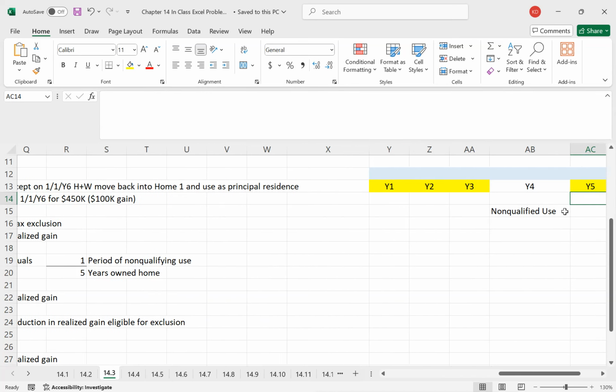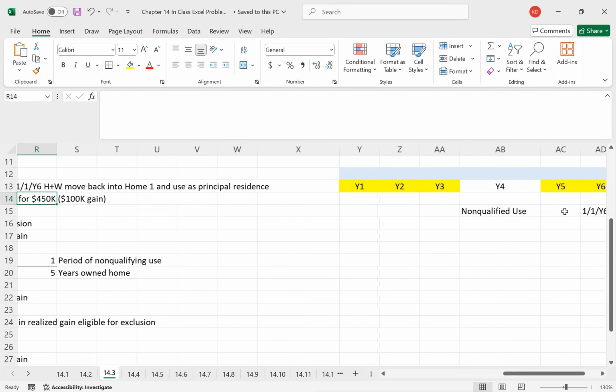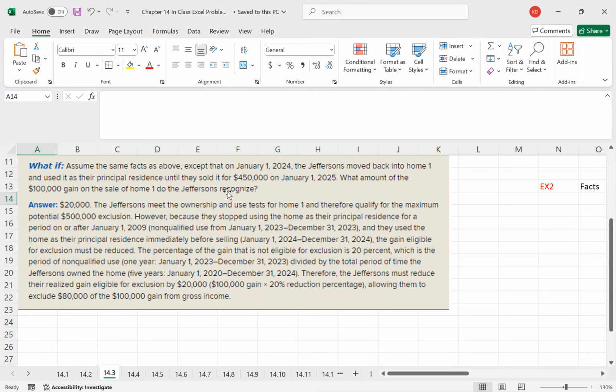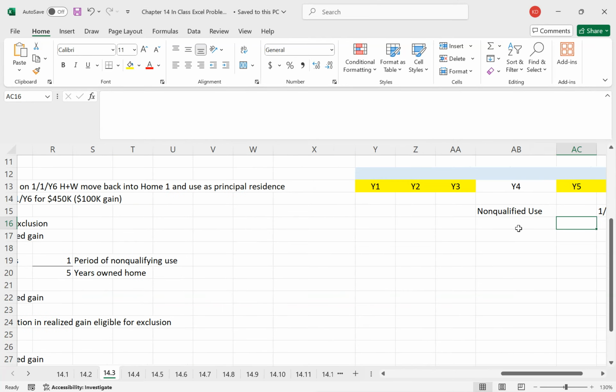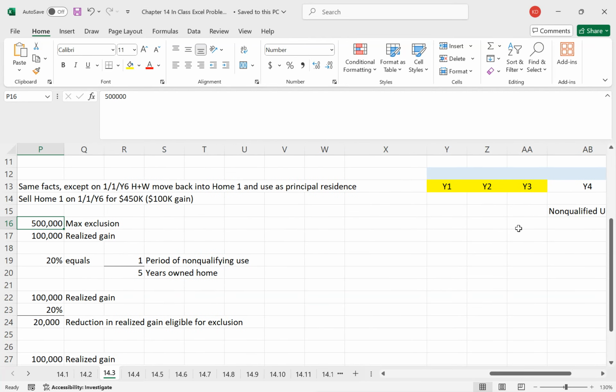So one of the things here is, let's assume in this second example that there is non-qualified use, right? If you look over the facts here, it would indicate that amount. So there is 1 year of non-qualified use in there. Or say we rented it out during year 4.